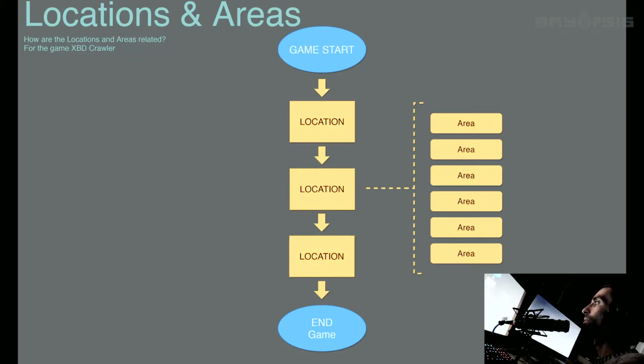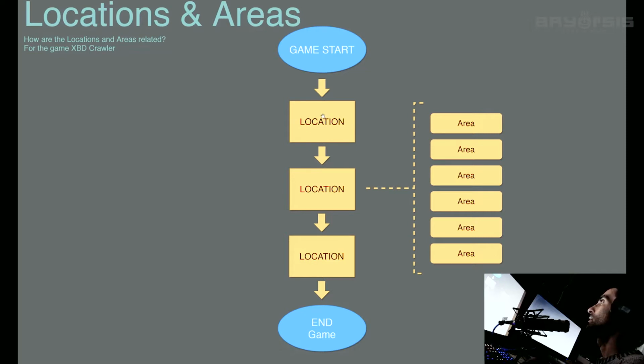So what we see here is how the locations and the areas are related to each other. When the game starts, it creates locations, and then at some point the game ends. This could be almost infinite, in some cases also infinite.